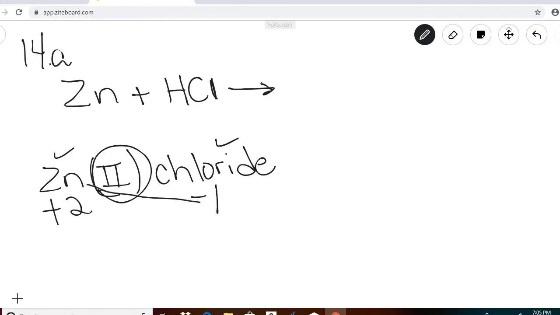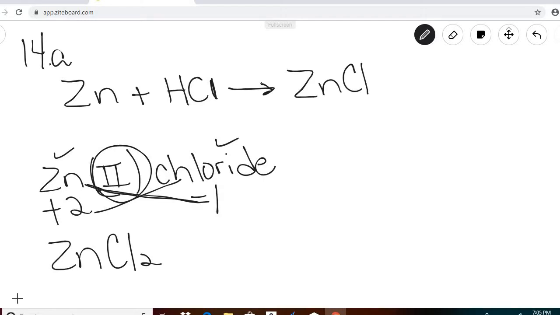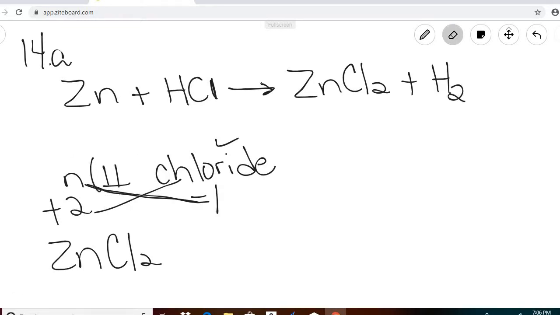So the 1 will go with the zinc, and the 2 will go with the chlorine. So this would be ZnCl2. Okay, so it's going to make zinc chloride. And hydrogen, or gaseous hydrogen, it says. Okay, so hydrogen, and you know that hydrogen is a homonuclear diatomic, so it has to be H2.